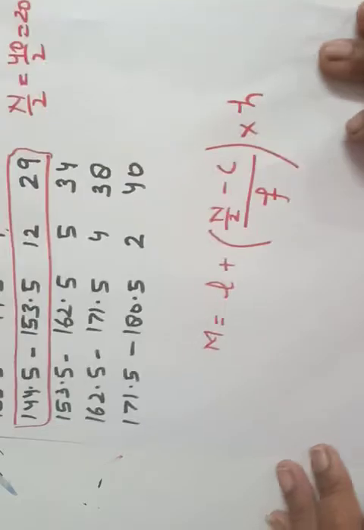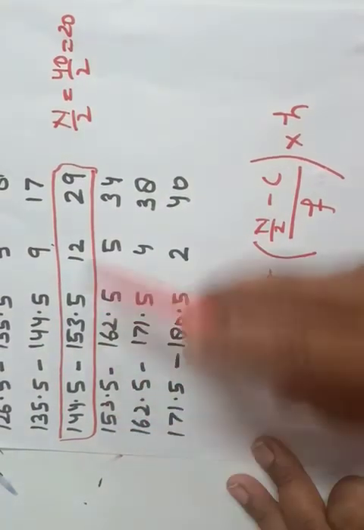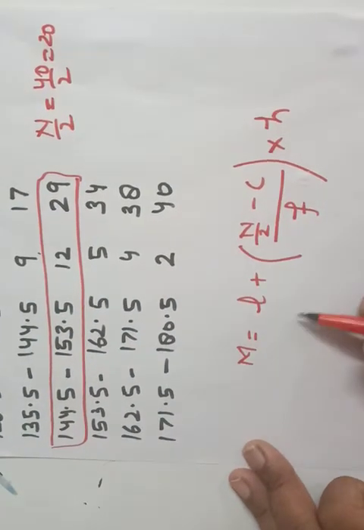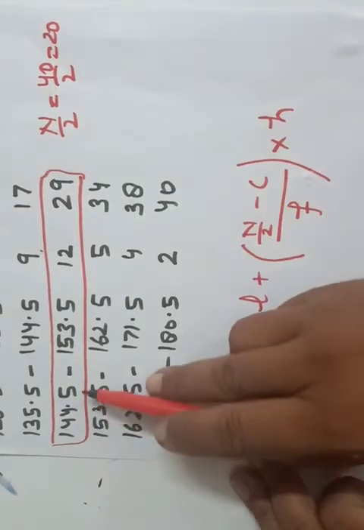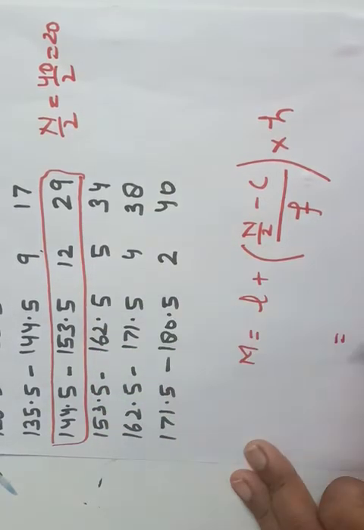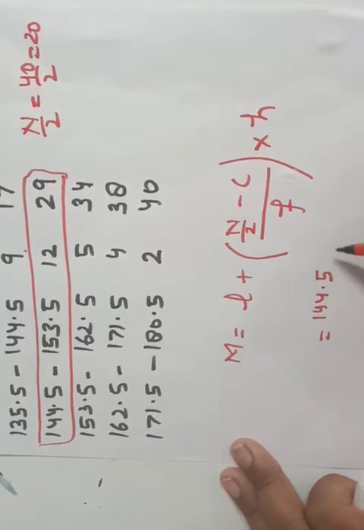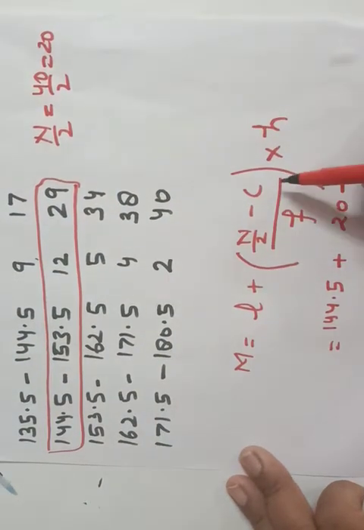Yes, so we have the formula here, and everybody can see the table that is required. L is equal to the lower limit of the median class, so it will be 144.5, plus n by 2, which is of course 20, that we have already found, minus C. What is the value of C?